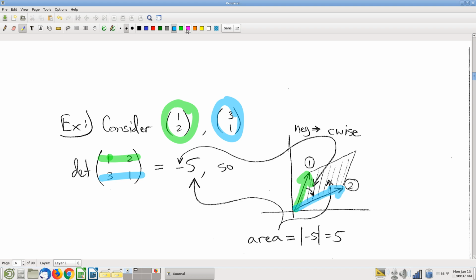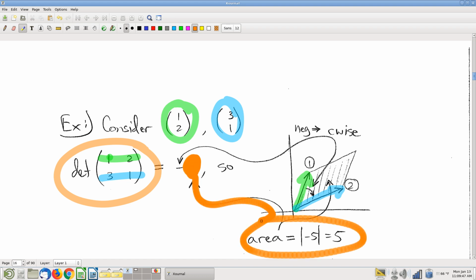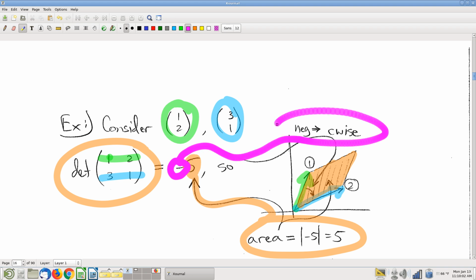Notice that in computing the determinant here, its absolute value is 5, and that tells us that area. Which is cool. Notice the minus sign there. That's negative. That is our algebraic evidence that this is clockwise. Yep. But you could have seen that it was clockwise. Oh yeah, in this case, lucky break.